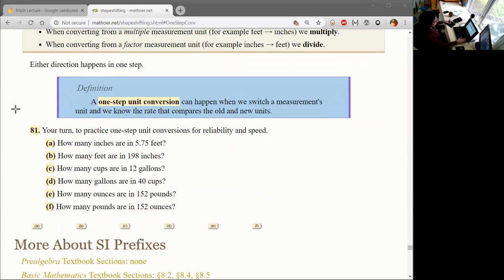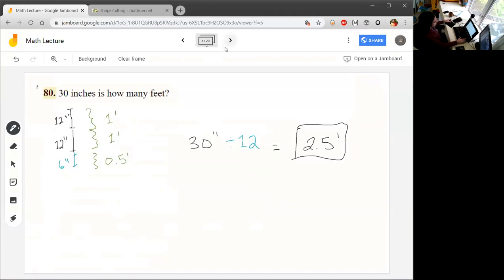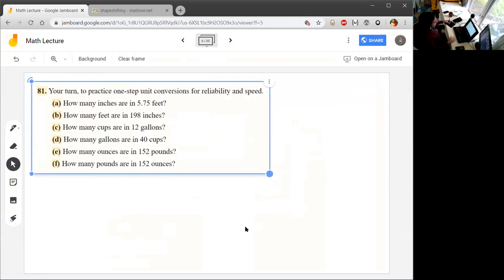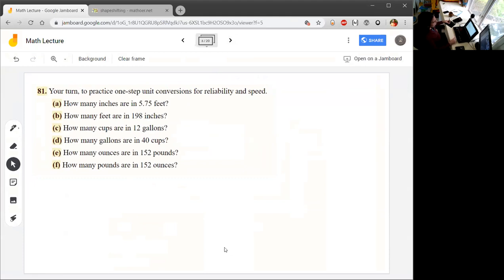Okay, let's do some on the board, not just me. Is that big enough for everyone to read? Good, okay. So how many inches are in 5.75 feet?